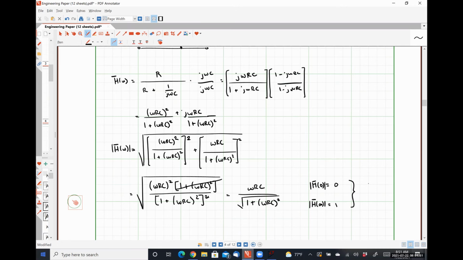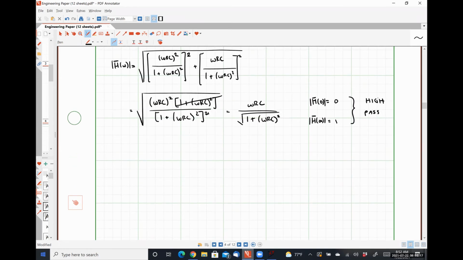And so we see that we have a high pass filter, right? Because it attenuates all of the low frequencies and passes extremely high frequencies. Our corner frequency is going to wind up being the exact same thing as it was before because we only have a resistor and a capacitor, so it really can't be anything else.